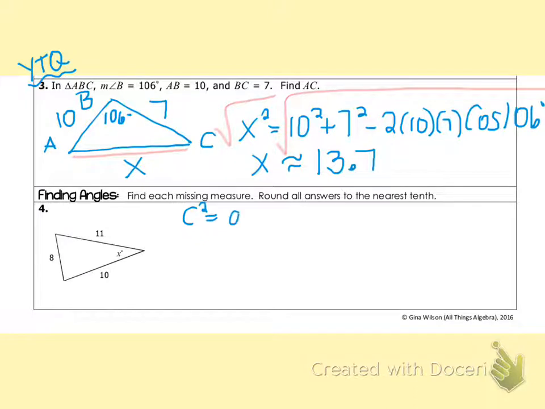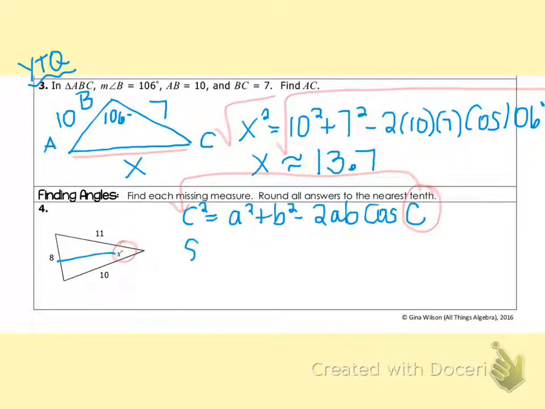C squared equals A squared plus B squared minus 2AB cosine of C. And if we wanted to find an angle, we would want to consider it to be C because, of course, that's the only angle that's actually in this formula, is angle C. So in this case, say, for instance, this would be angle X. Then to use this formula the way it currently is, we would have to put in the side across from the angle we're looking for first. So that would be 8 squared equals, and then the other two sides, it doesn't really matter. You could put either one in first.